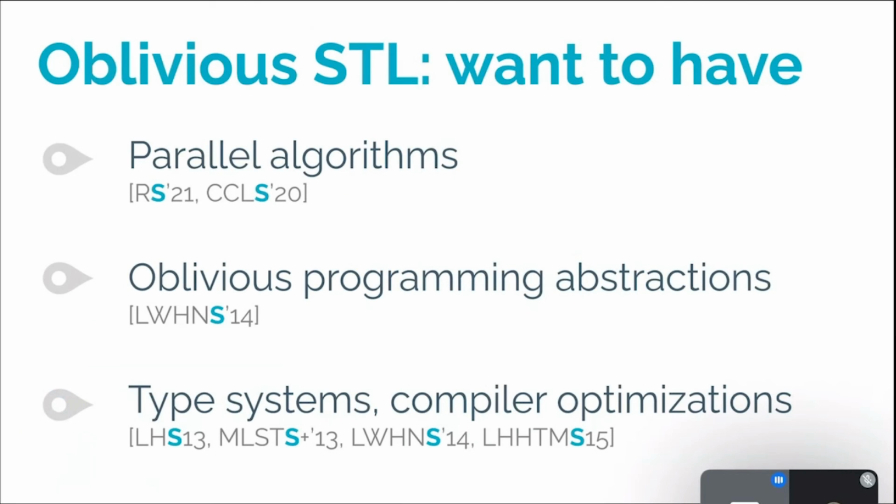So basically these are the things we want to achieve with this Oblivious STL library. Besides what I mentioned, we also want to have parallel implementations of these algorithms. And we also want to incorporate these type system and compiler techniques to guarantee the security mechanically rather than having to rely on a human.